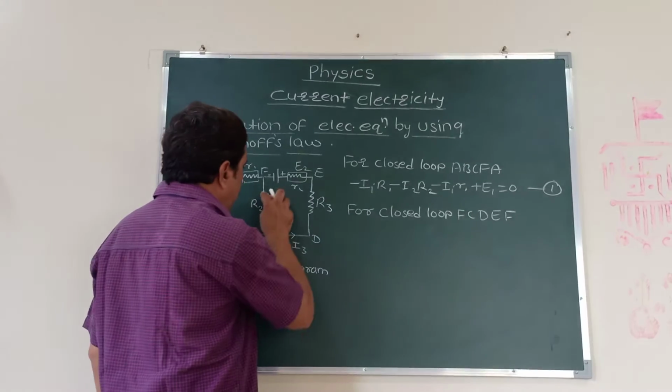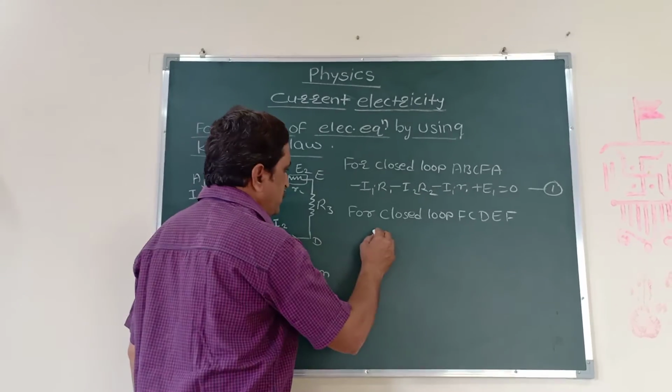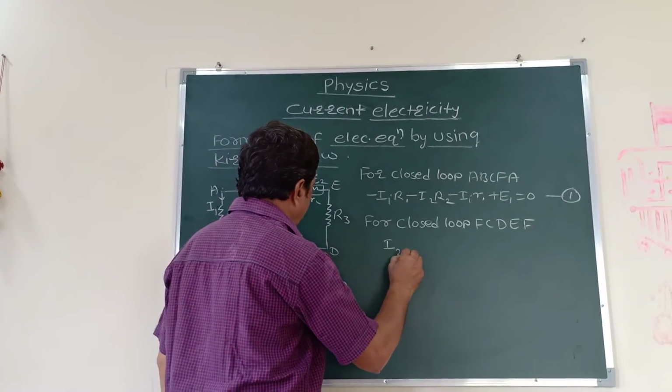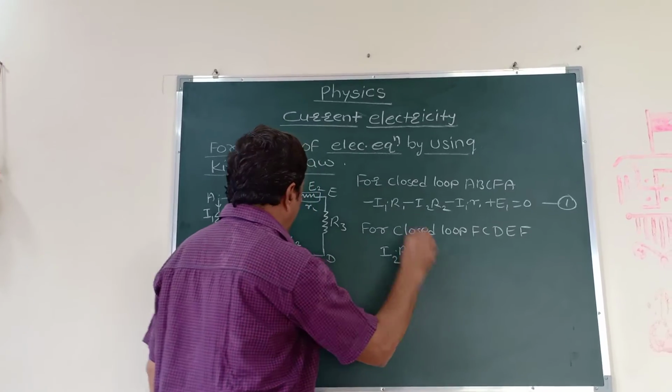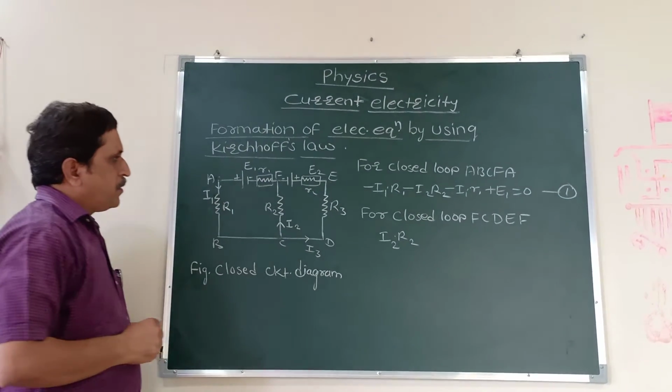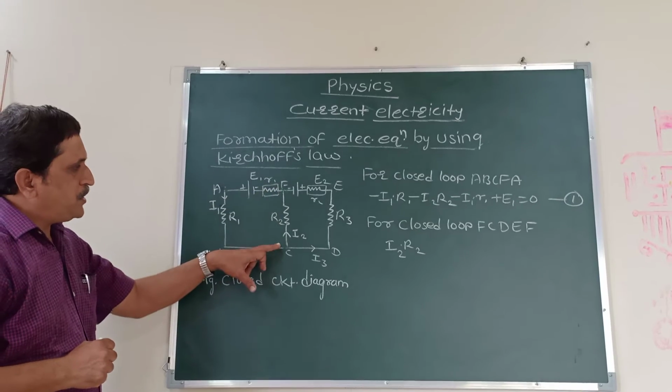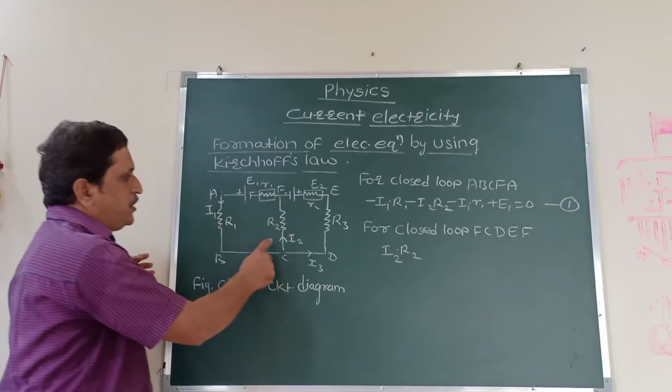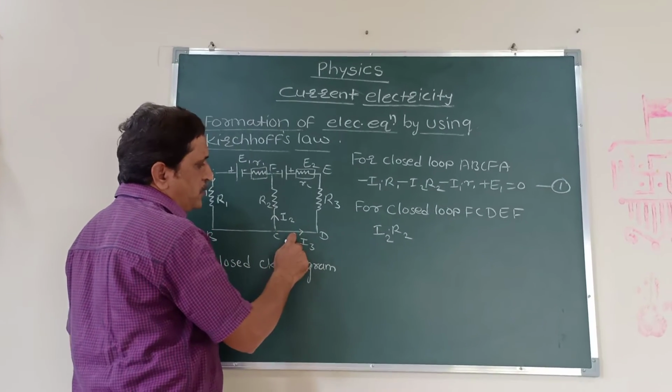That's why we can say that the product of current and resistance is positive. That means I2 into R2. We are moving from F to C and current is moving from C to F. Therefore, the product is positive. Now, for this path, no resistance.